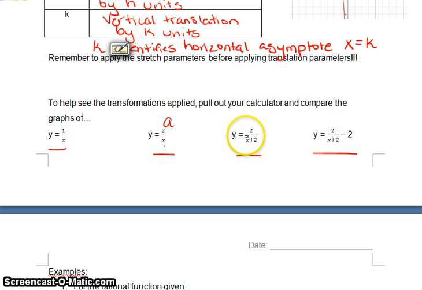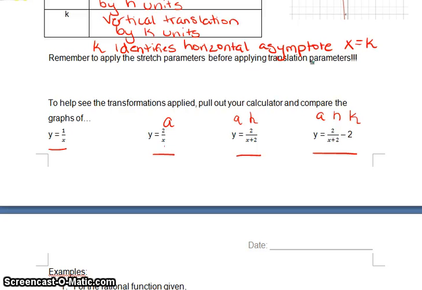Then here we have 2 divided by x plus 2, so here we have a and h. And then we have y is equal to 2 divided by x plus 2, subtract 2. So here we have a, h, and k. Notice I chose the same a values and the same h values, just so we can see exactly what is happening with those parameters.